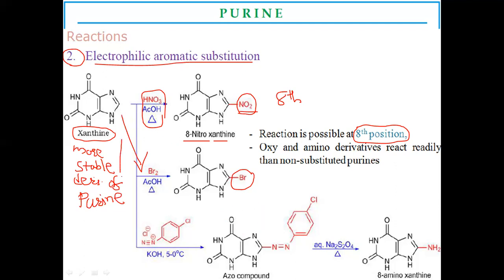Xanthine reacts with the azo compound, chlorophenyl azo compound, to form the azo product. This azo compound, when reacted with sodium thiosulfate, forms 8-aminoxanthine. In this way, you have to study the chemical reactions of the purine derivative, that is xanthine.